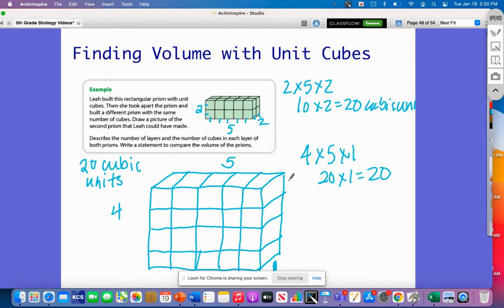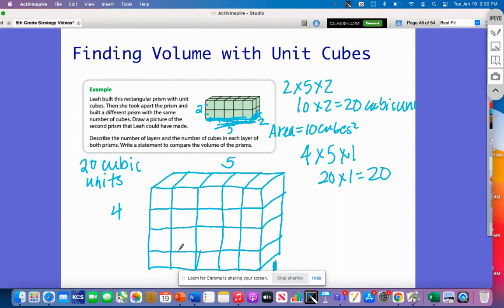What makes these look different is that they have a different area. If I look at just the area of this, it would be a 2 by 5, so the area would be 10 square cubes, if I'm just looking at the flat surface down here, the length and the width.